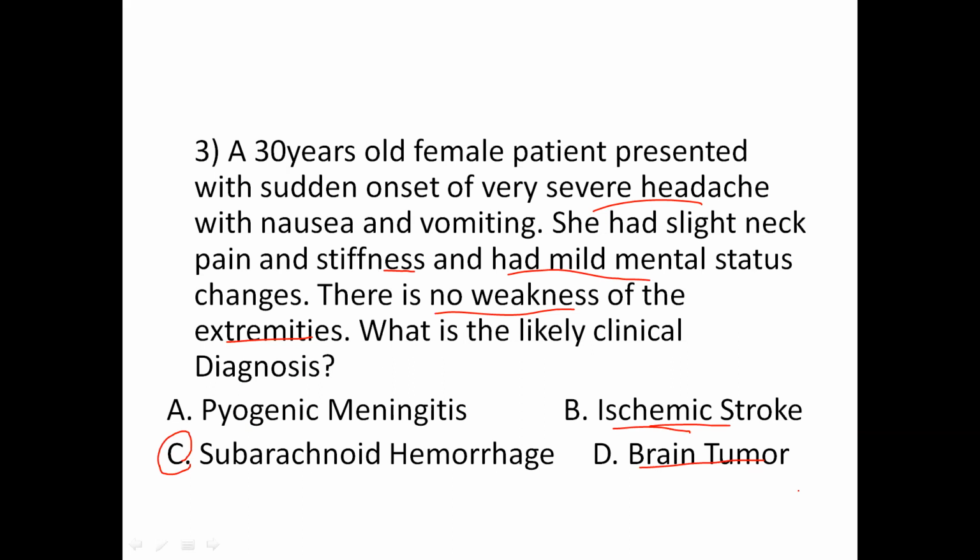Also, the type of headache for brain tumor is deep, dilating and disturbing, like it disturbs sleep. This headache will worsen upon coughing, lifting objects, and bending, which is typical especially for posterior brain tumor. So the correct answer is subarachnoid hemorrhage.